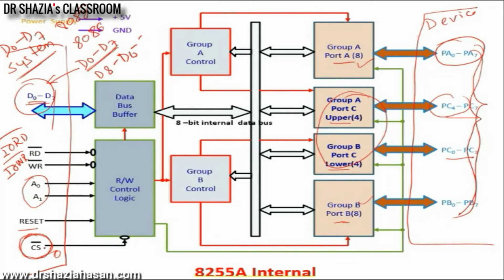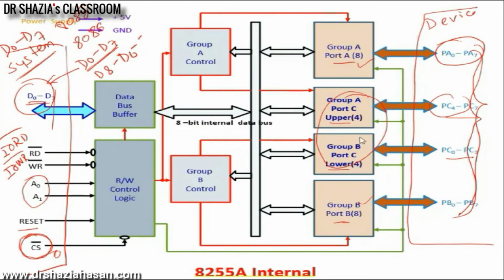So this is basically how your 8255 looks and its important components. It has three 8-bit ports. Port A and port B can operate only as 8-bit ports, whereas port C can be broken up into two 4-bit ports also. Port C has the option to be used as a single 8-bit port or as two 4-bit ports.